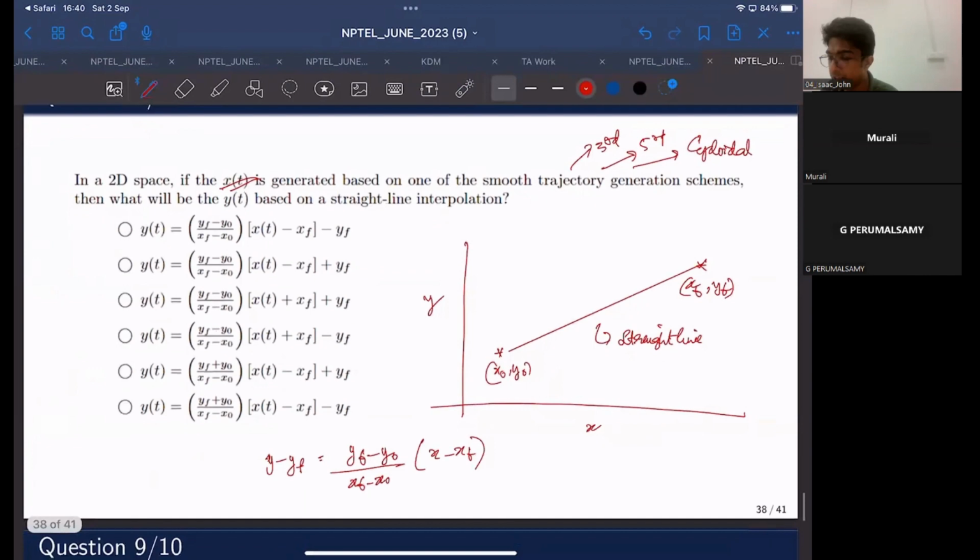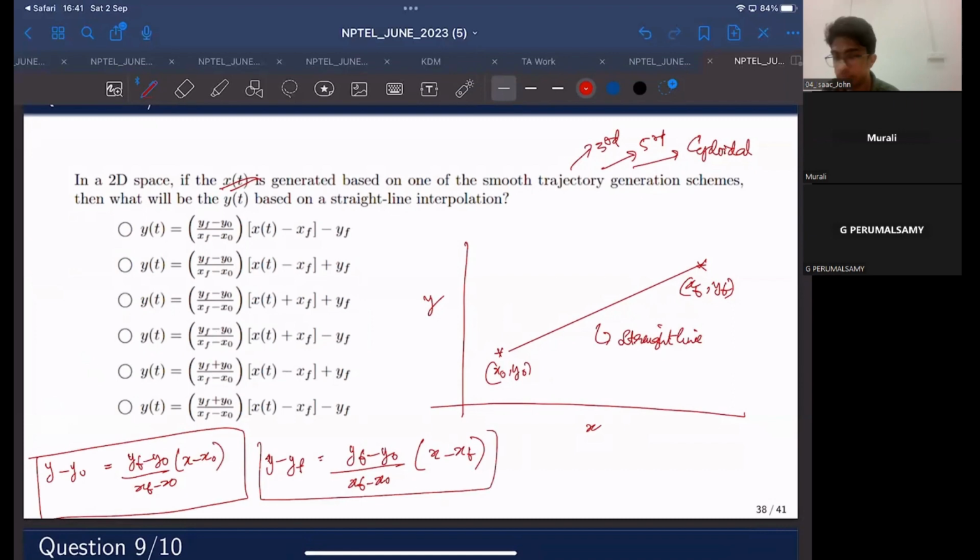These are different variants. You could also write it as y minus y0 is equal to (yf minus y0) by (xf minus x0) times (x minus x0). These are all valid equations of a straight line. Which of these is correct corresponding to the given options?